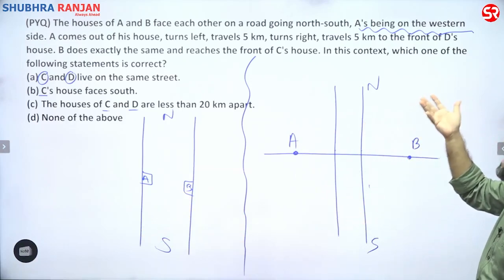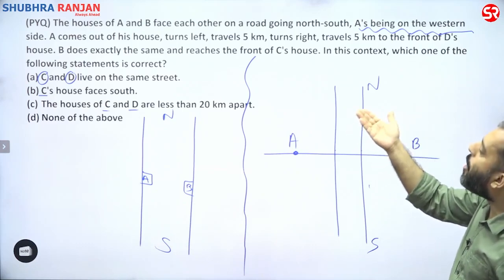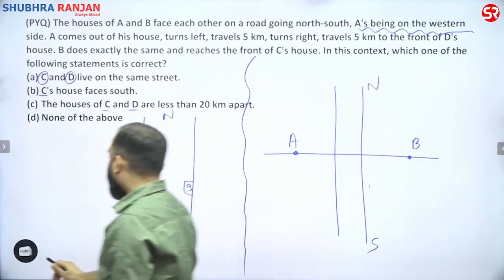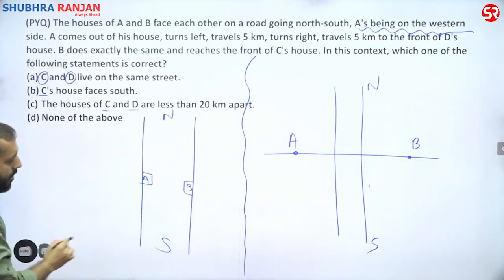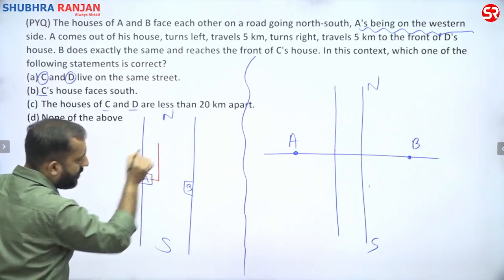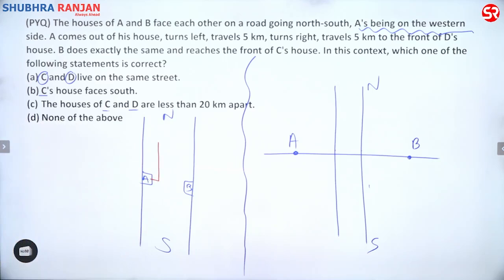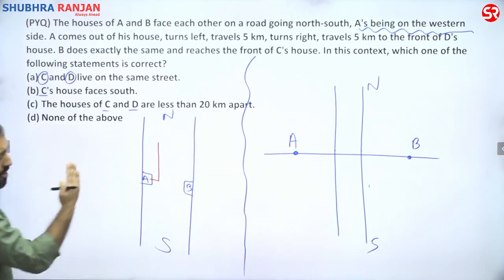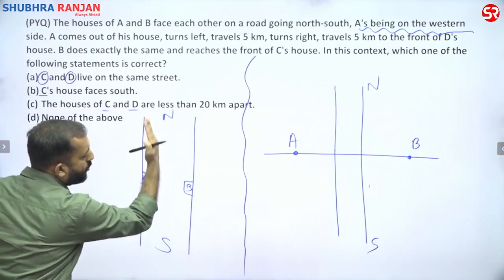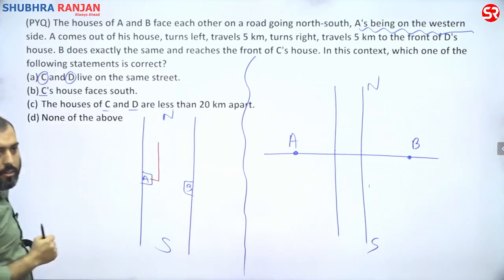Now what the examiner is saying: A comes out of his house, turns left. A came out of his house and took a left turn. Agreed? A comes out of his house and he has taken a left turn. So he'll go upward like this.